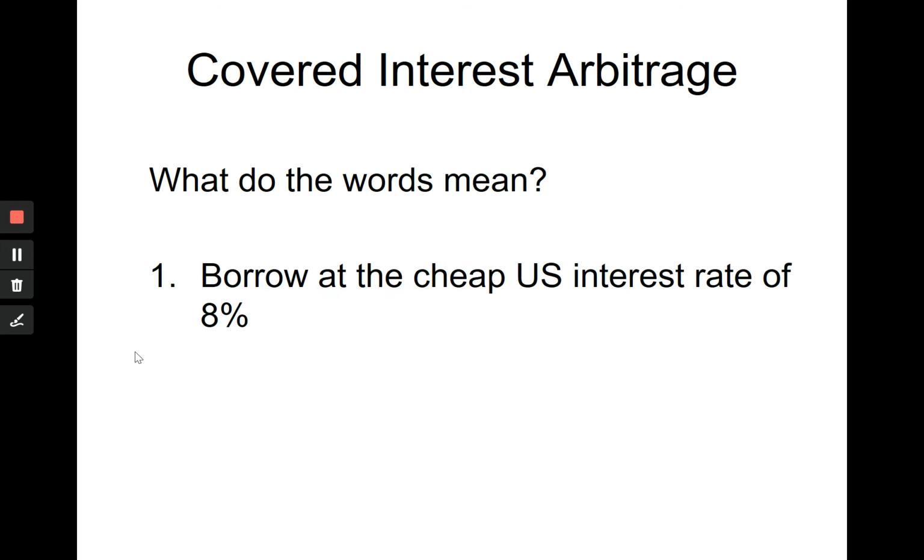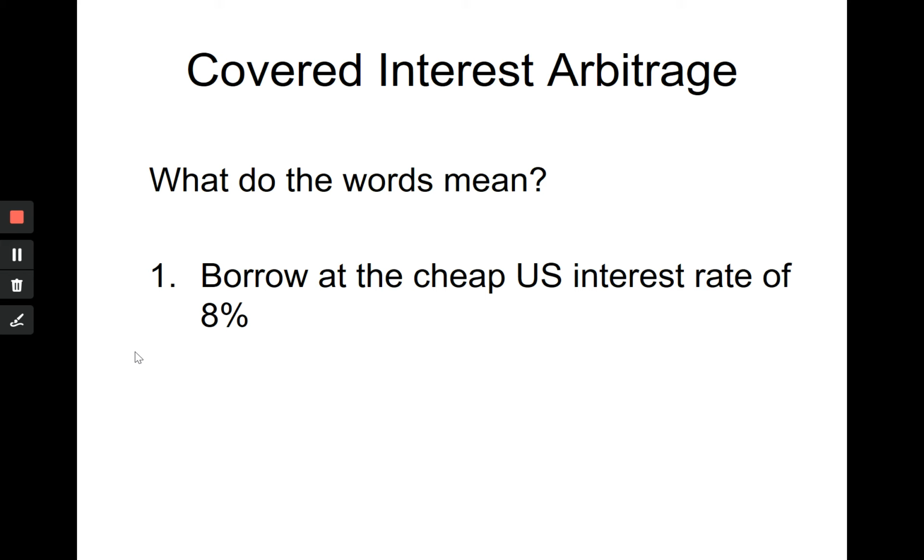In a minute, you will see how the coverage works. What do the words mean? We define covered as hedging or insurance, and of course, interest arbitrage means that we are taking advantage of cheap interest rates, borrowing at those rates and making the money available at higher interest rates as a loan. Let's do an example.